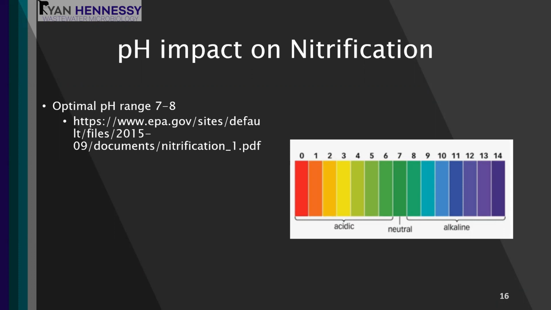There's a really big change in the bacteria and the enzyme functionality as you cross over that 7 range. So as a general recommendation, and there are certainly exceptions, plants that run successfully at slightly lower pHs, but in general, it's always recommended to try to keep the pH above 7.